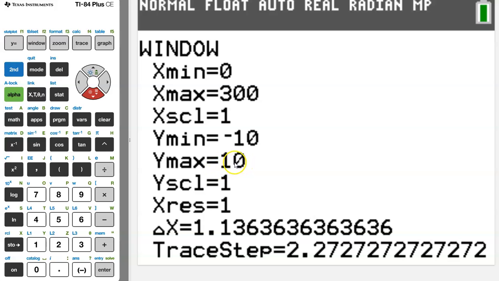We can always adjust this later, but I think I'll go with, let's say, 3. For the ymin, again, -10 is very big, and we know these rates are not going to be negative. So I think I'll just make it -1. I always like to see a little bit below the x-axis so I can clearly see what's going on. Let's go ahead and hit graph right now and see what we've got so far.